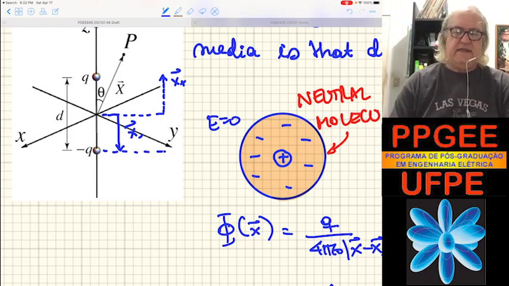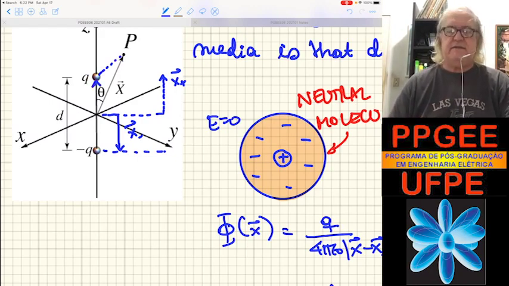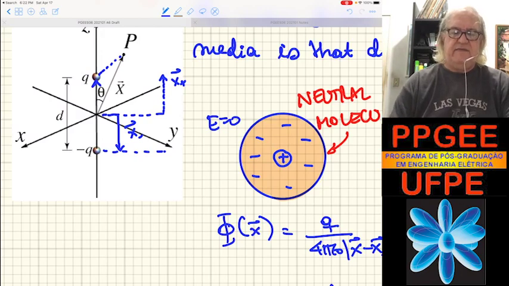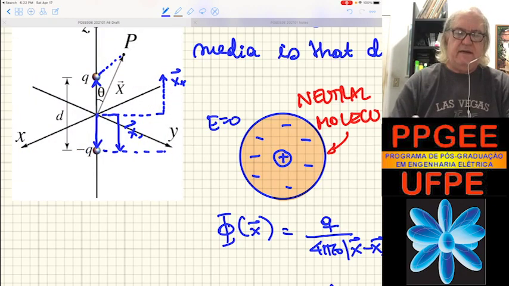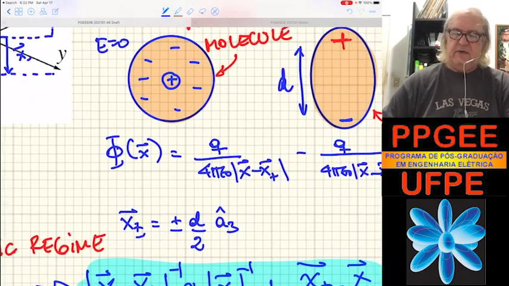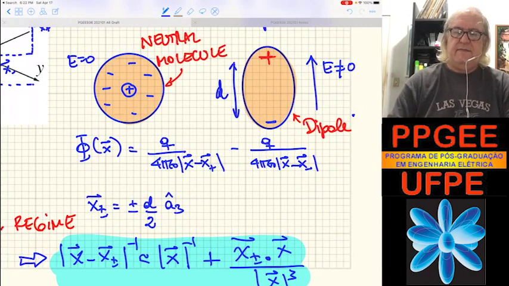So the distance between the positive charge and the point is the difference vector x minus x plus. And for the negative charge, it's going to be x minus x minus. So it would be this vector here, right? X plus, x minus. So it's simple to calculate the potential, right?